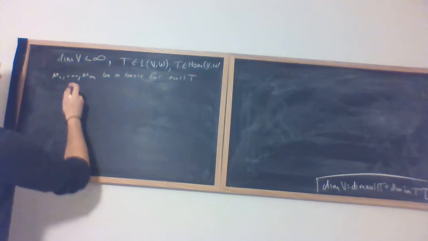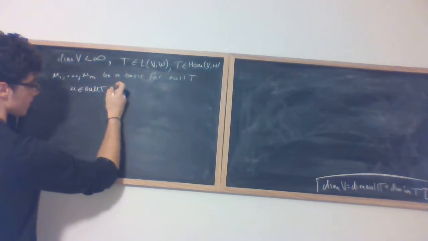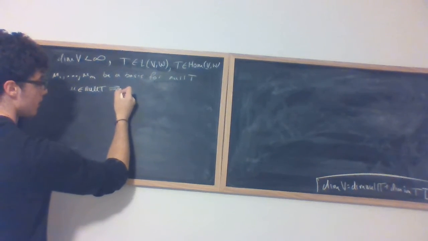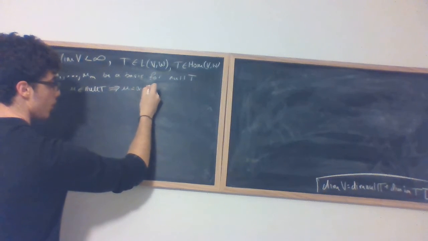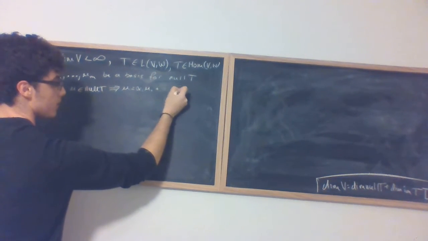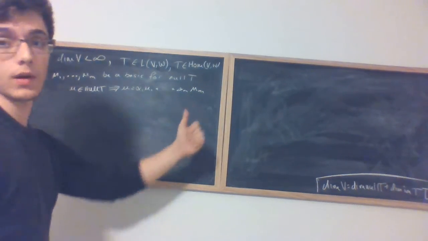So any vector U in the null space of T can be written as a linear combination alpha 1 U1 plus dot dot dot up until alpha m UM of these basis vectors U1 up until UM.